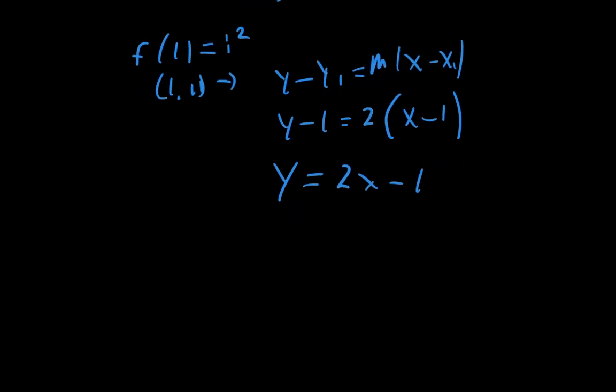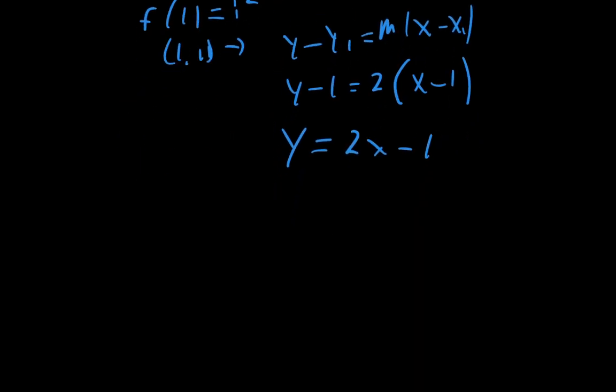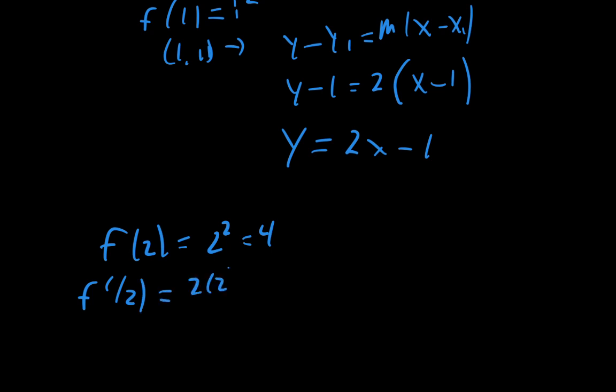We can go to f of 2, which would be equal to 2 squared, or 4. f prime of 2 would be 2 times 2, which is also 4.